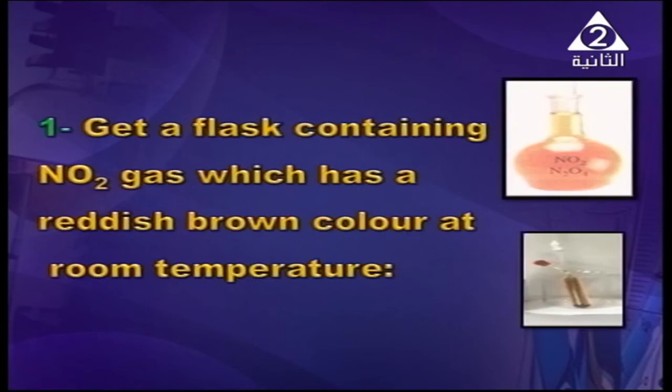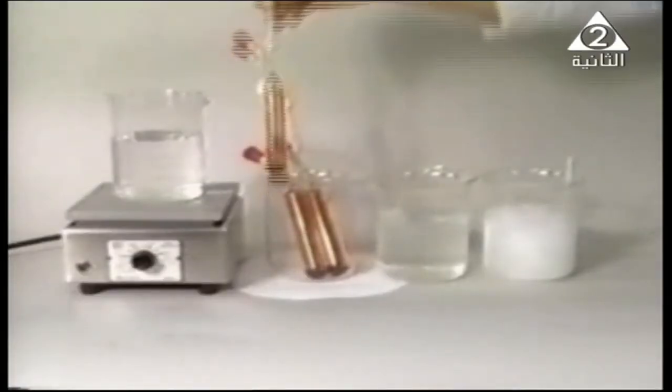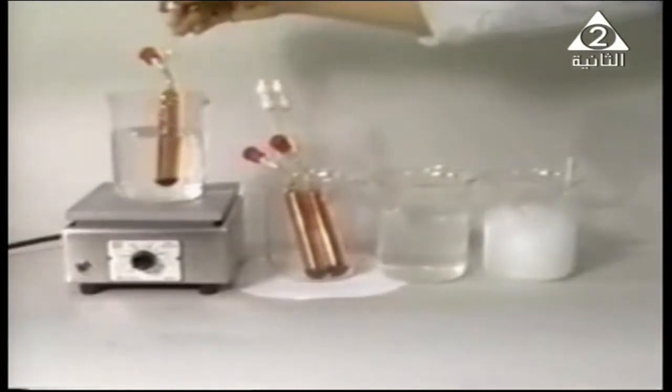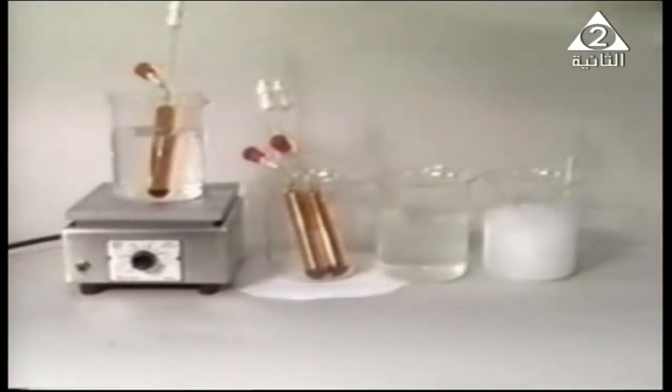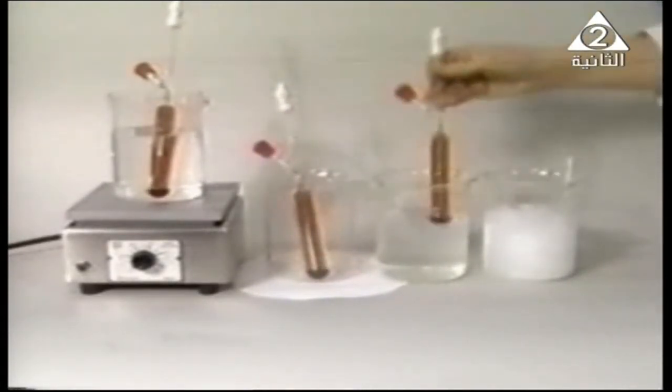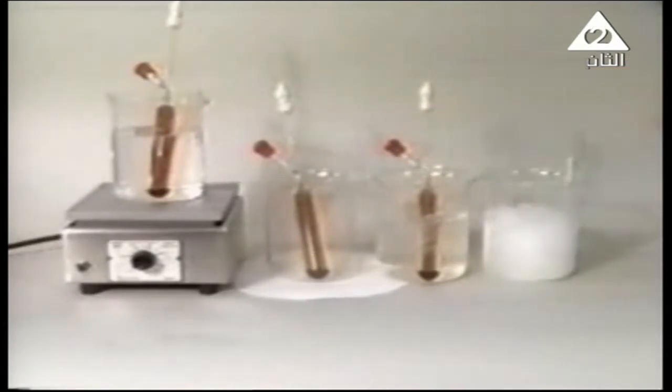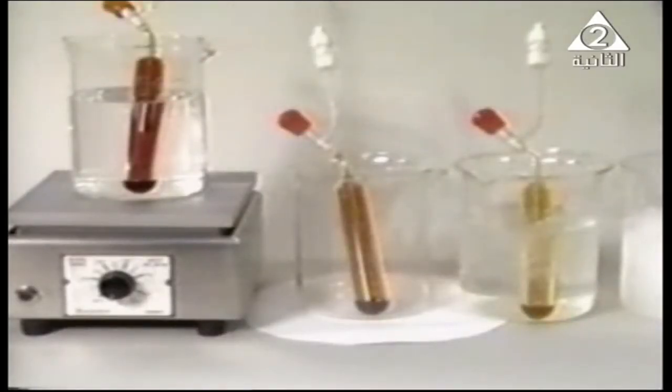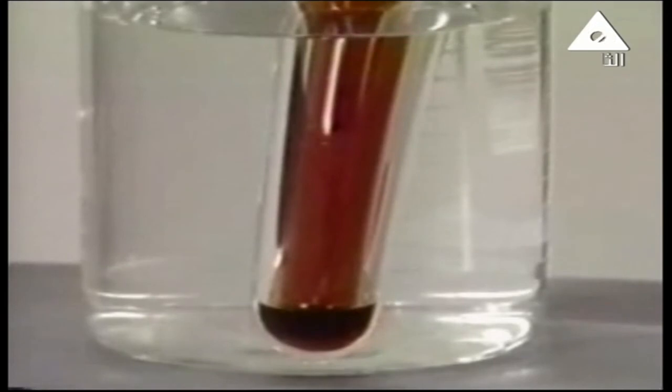First step, get a flask containing nitrogen dioxide gas, which has a reddish brown color at room temperature, as the following animation will show. My dear student, we bring 3 test tubes that contain nitrogen dioxide gas and dinitrogen tetroxide at room temperature. Then we put one of them in hot water and one of them in cold water.